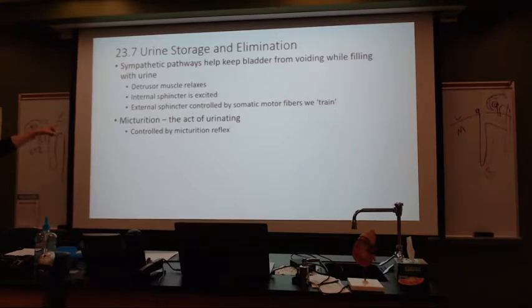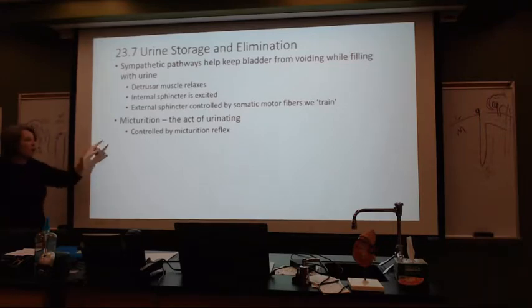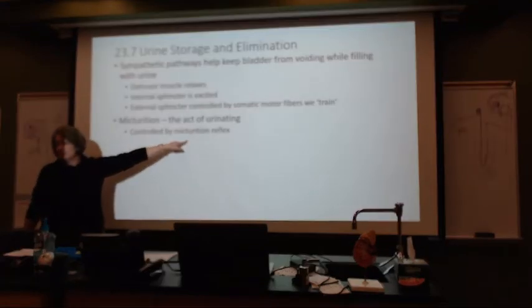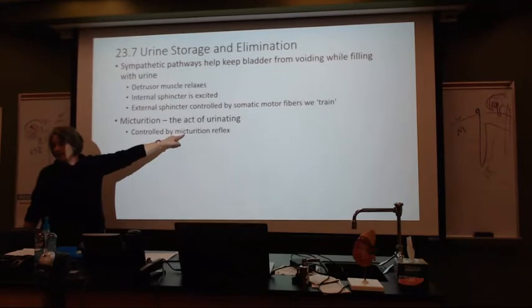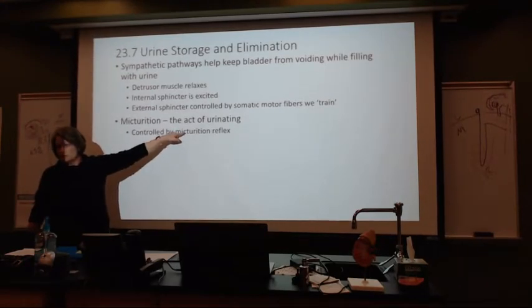Nerves are going to be stimulated, and you're going to get an action to the brain, and the need to urinate, micturition, is going to happen. It's called the micturition reflex, and that is the term you will hear out in the medical world.